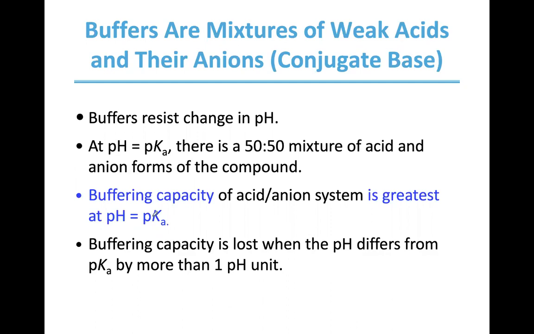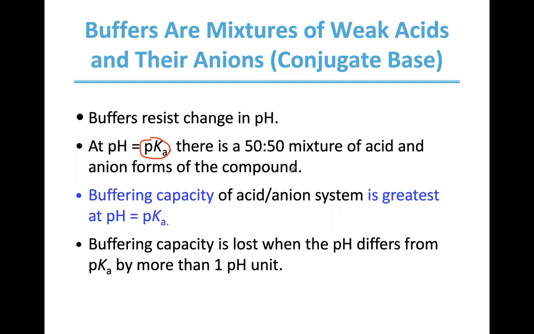Also it's important to keep in mind that if you have your acid of a certain pKa, and if you put this in a solution of a pH which equals that pKa, then there will be a 50-50 mixture of acid and its conjugate base.